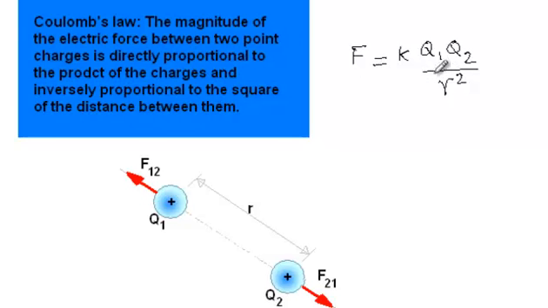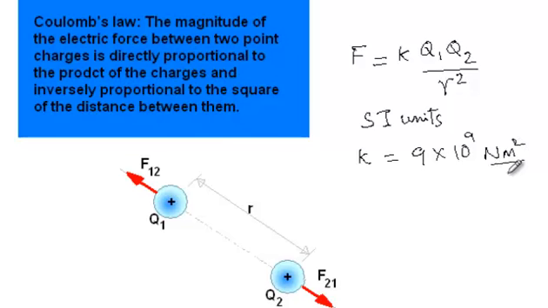So we will make a choice of units so that the force is in newtons. In that case, in SI units, where the force is in newtons, the charges are in coulombs, and the distance is in meters, the value of K is approximately equal to 9 × 10^9 newton meter squared per coulomb squared.